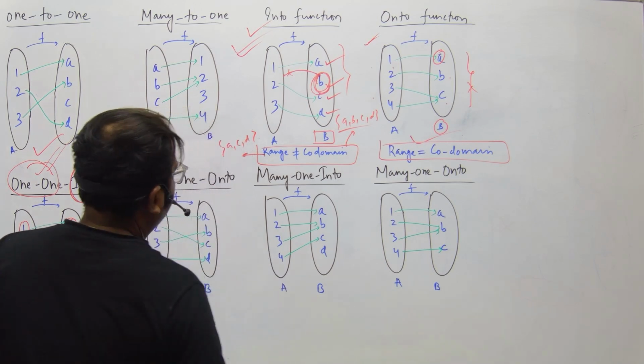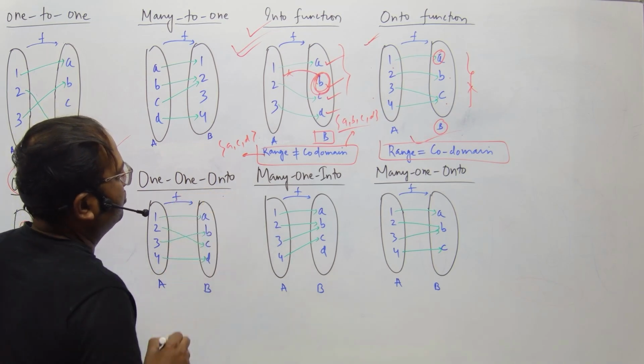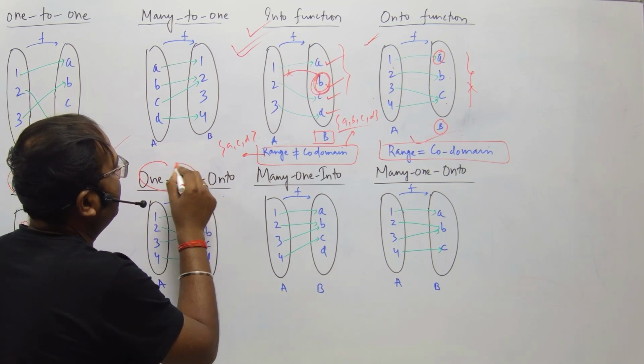Now we have one-one onto, a combination of one-to-one and onto function.